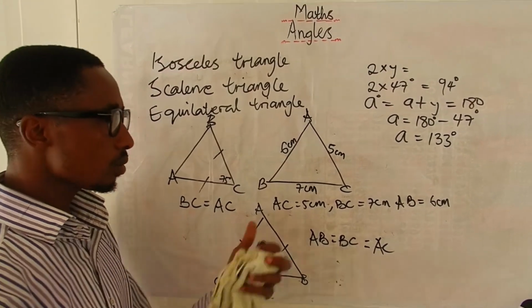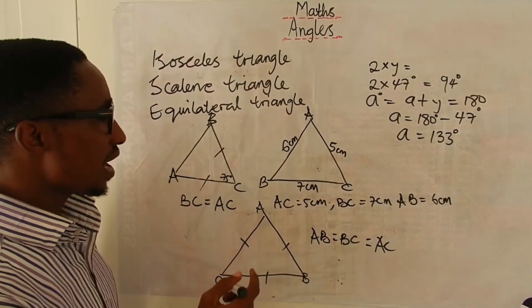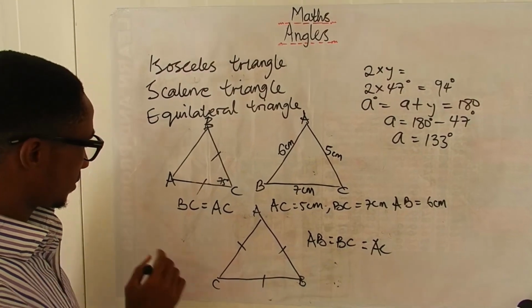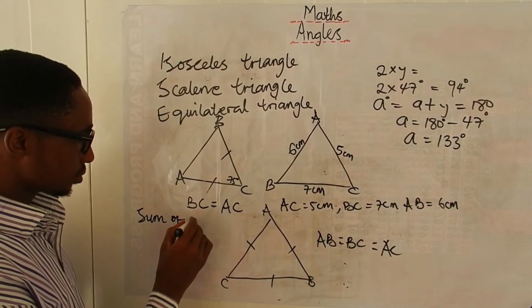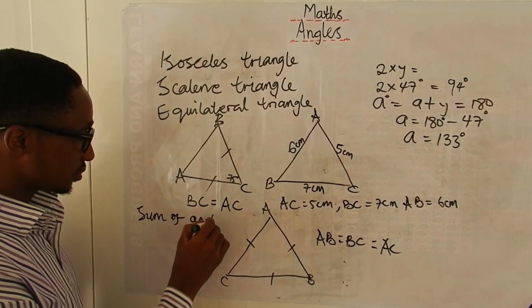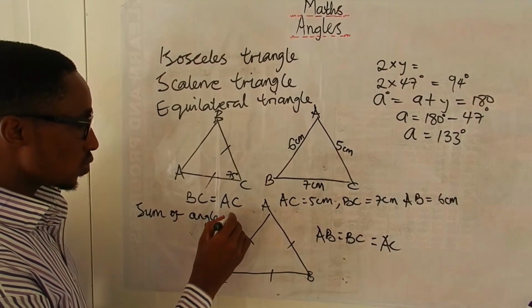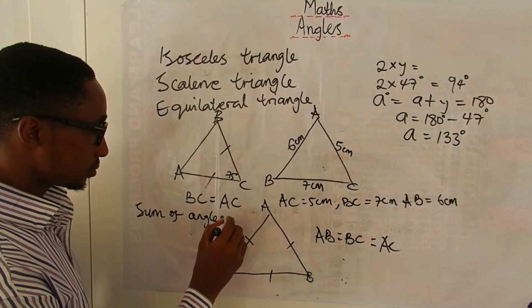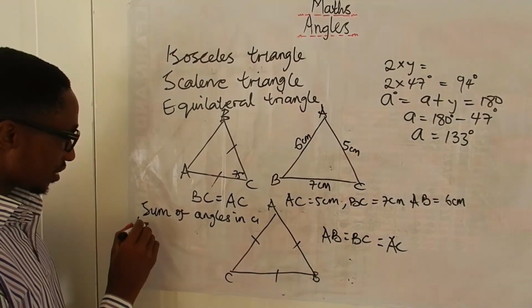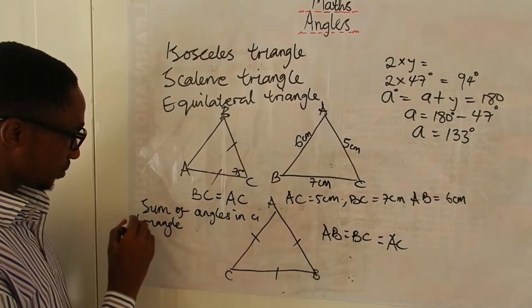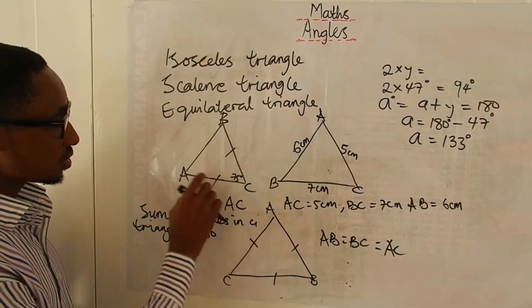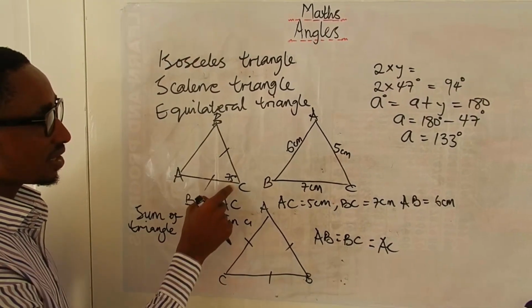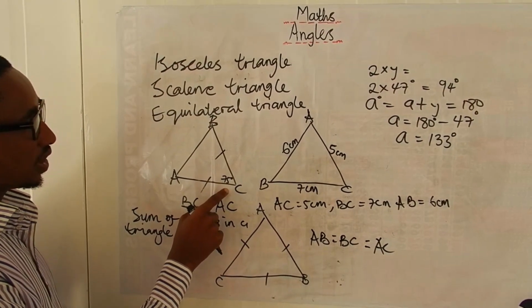And we ask, the sum of angles in a triangle equals 180 degrees. So the sum total here is 180 degrees. So we have here 75.